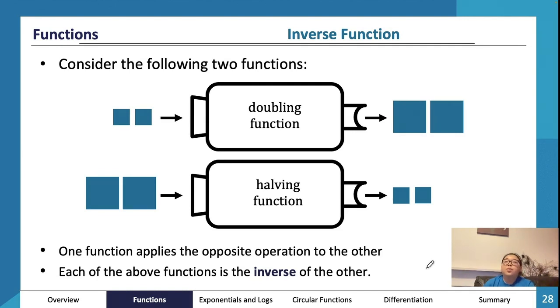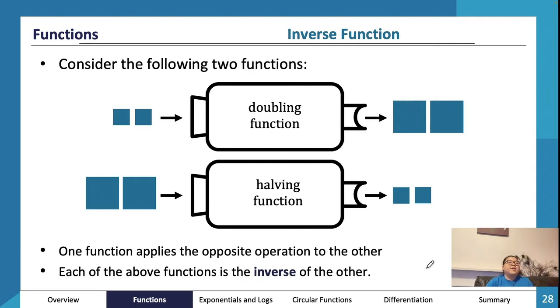Remember, functions are machines. So if a function was a sewing machine, then the inverse function of that would be a stitch breaker, right? It's the opposite of that.